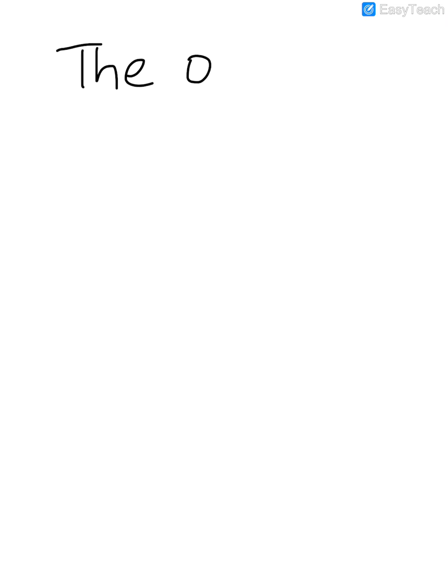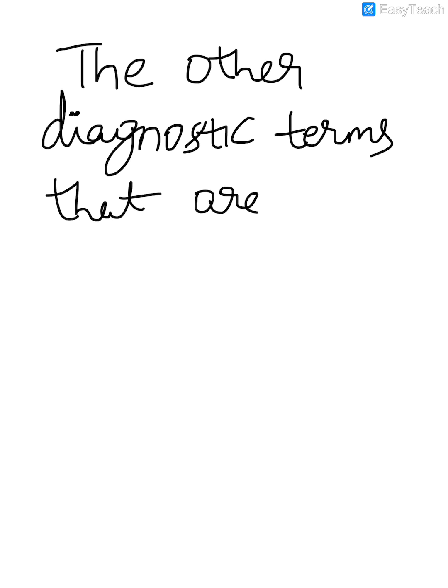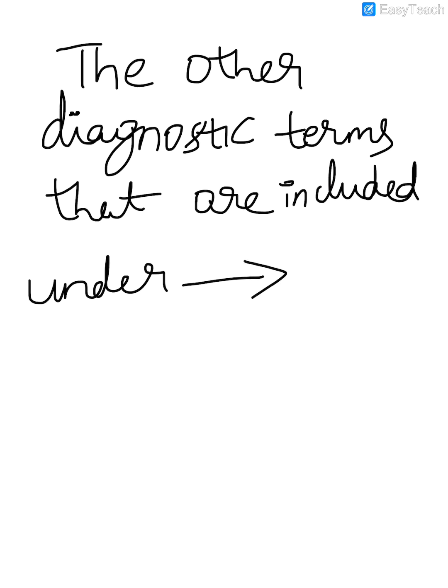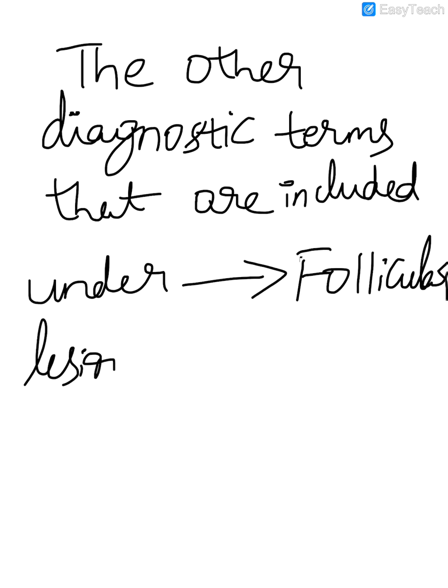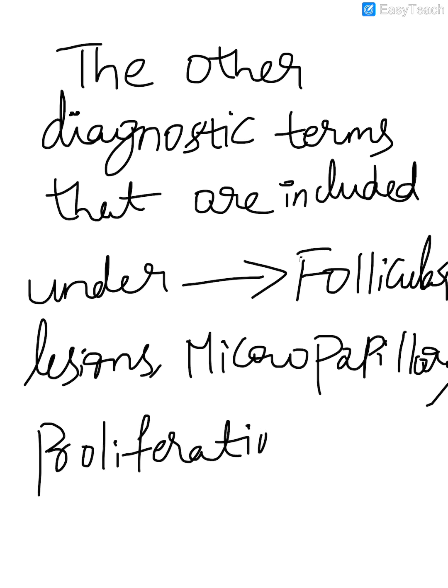The other diagnostic terms that are included under category 4 of the thyroid Bethesda system are follicular lesions, or follicular lesions with micropapillary proliferations.